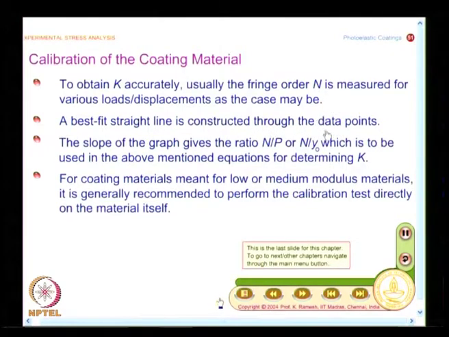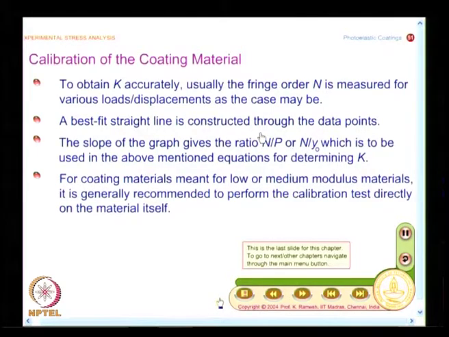So, from the graph you get the ratio of n by p if you are doing a load controlled experiment, or n by y naught if you are doing a displacement controlled experiment.